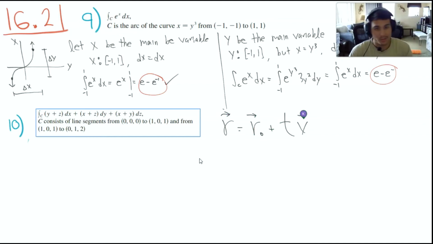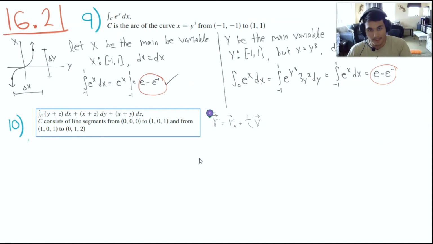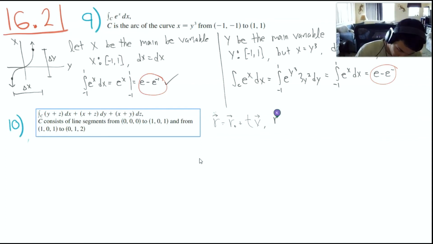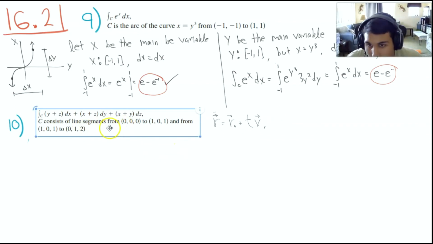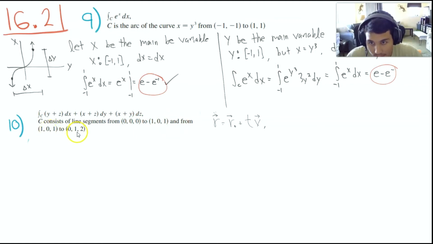This is our vector function. You maybe have seen this from Calc 3. Not maybe, you definitely have. This thing was used like every day in Calc 3. Okay, we have one path, but we have a C1 and a C2. C1 is this coordinate to this coordinate, and this coordinate to this coordinate.